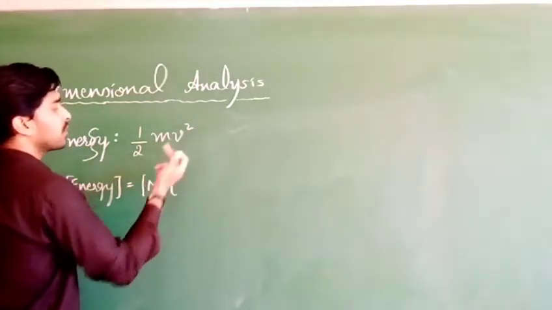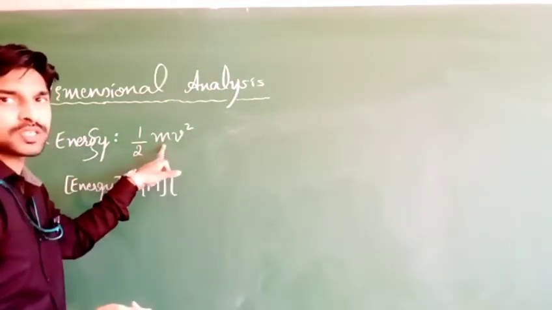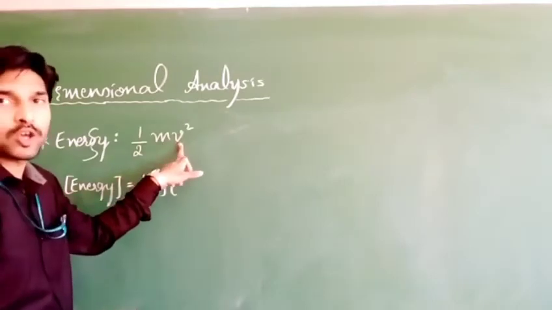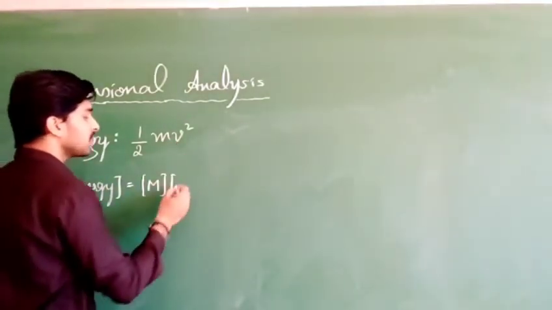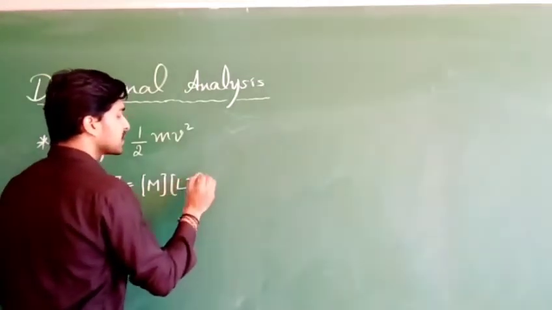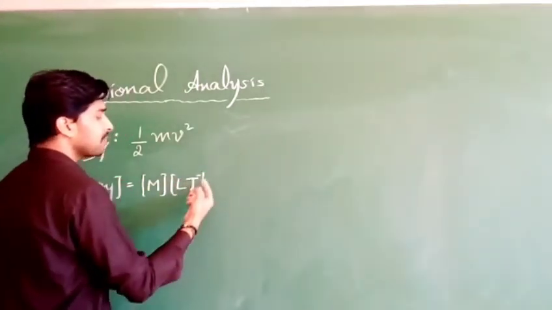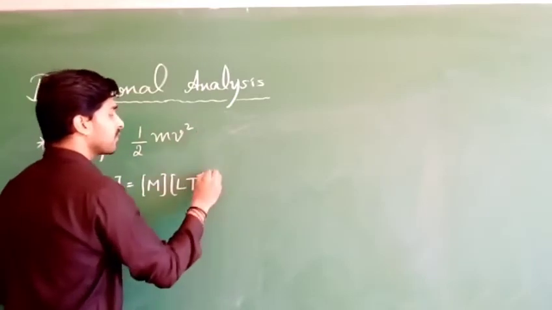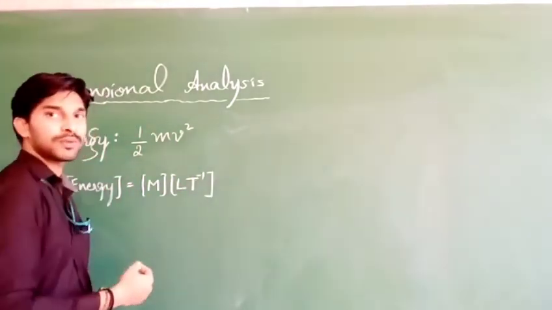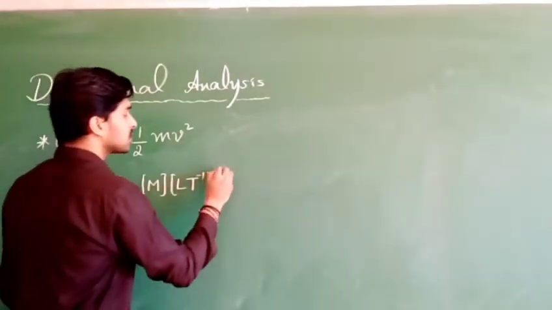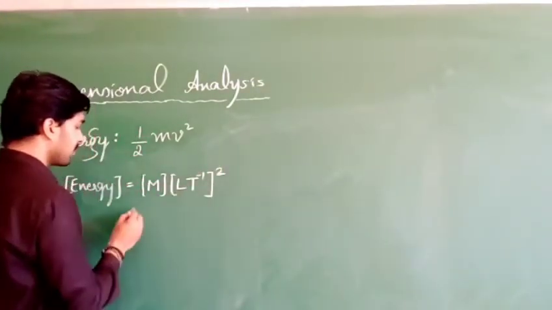Here m indicates the mass of the body, v indicates the velocity of the body. For mass I have written capital M. Velocity means displacement by time, that is L T power minus 1, whole square, that means v square.